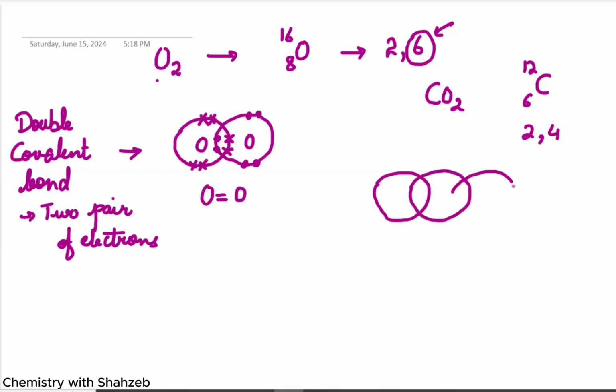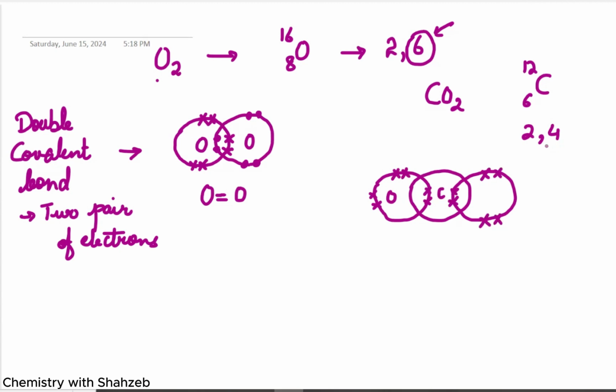This is another oxygen. This is carbon. This is oxygen. Oxygen we know has 6 electrons in its outermost shell. This oxygen has 6 electrons in its outermost shell, and this carbon has how many electrons?